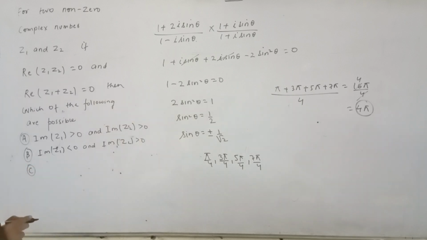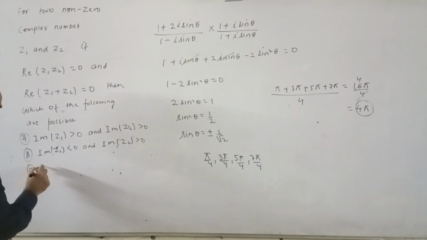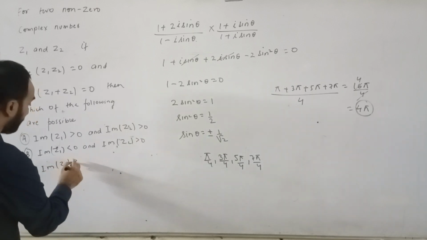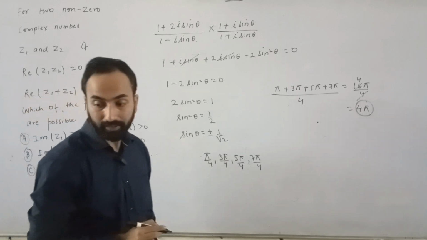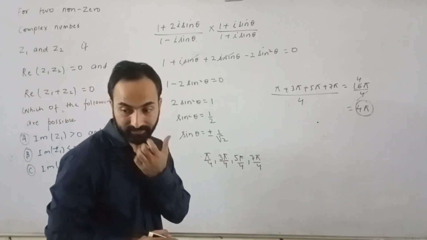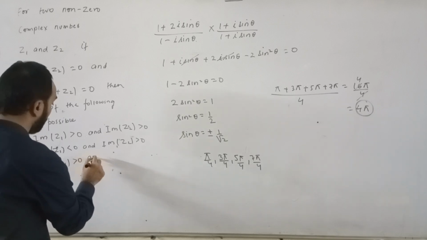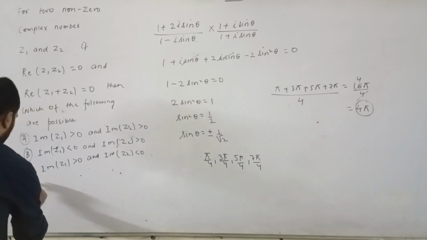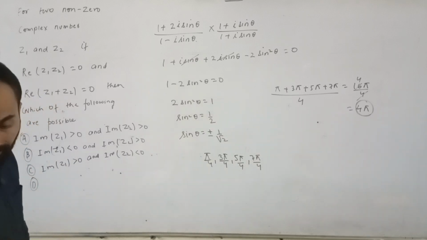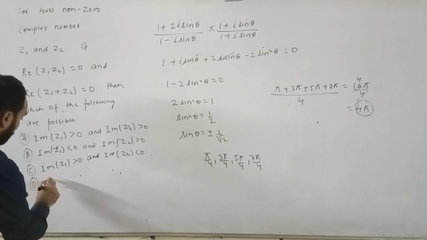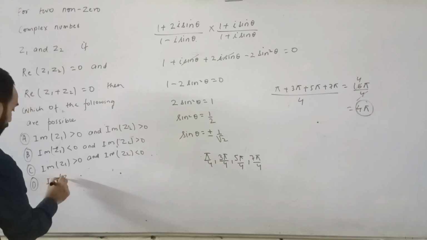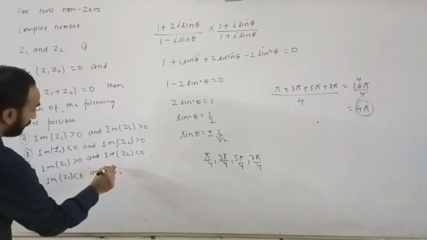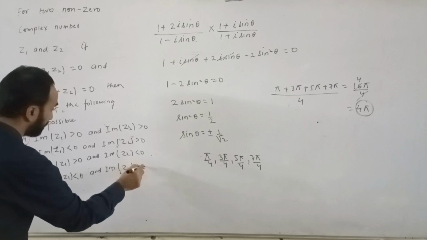Third option is imaginary part of Z1 is greater than 0 and imaginary part of Z2 is less than 0, and the last option we have is imaginary part of Z1 is less than 0 and imaginary part of Z2 is also less than 0, right?